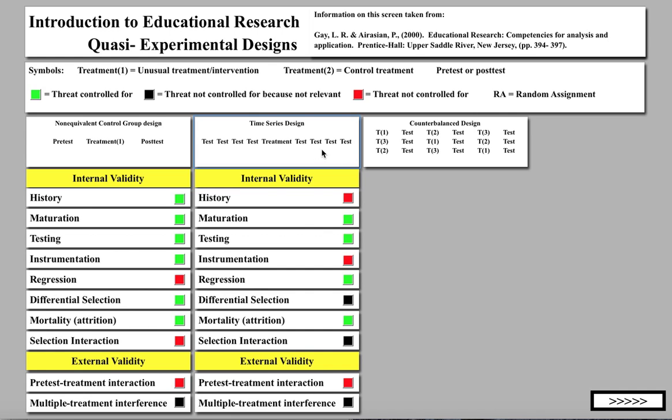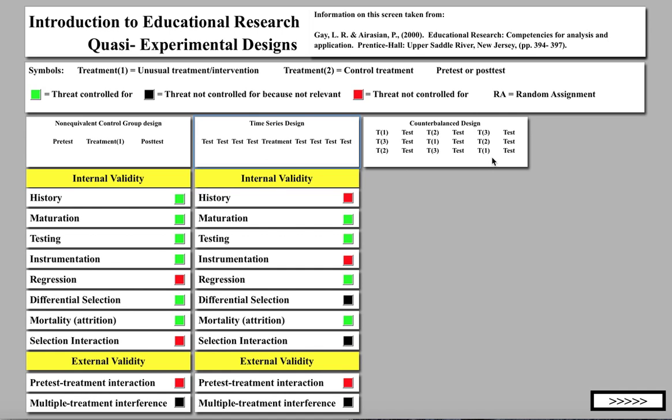Are they equal? And finally, you have the pretest treatment interaction. If taking a pretest might affect how one performs under treatment, what about taking a bunch of pretests? That might interfere also. So time series is a very good design, and of course it's not random assignment or anything like that, but it does control for many of the threats to internal and external validity.